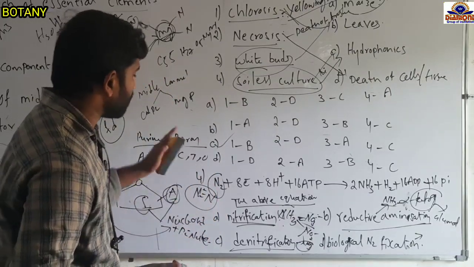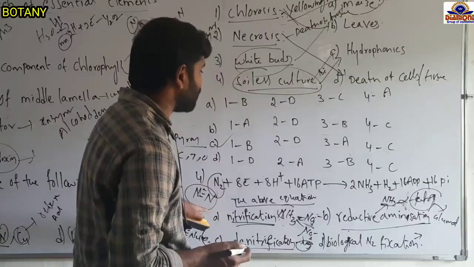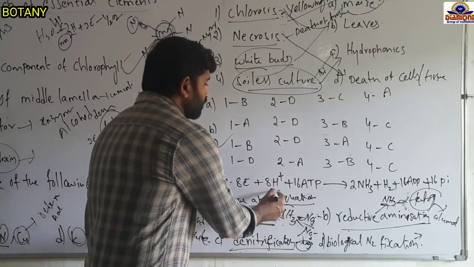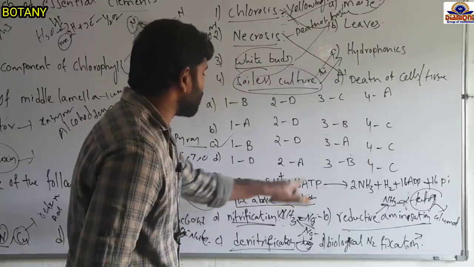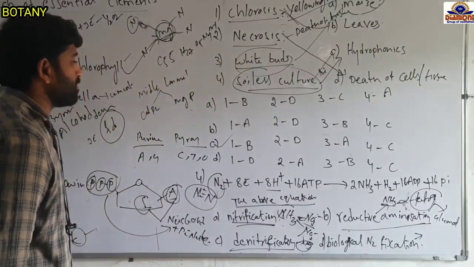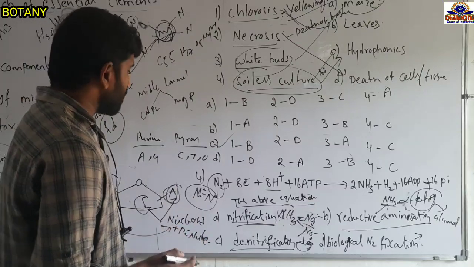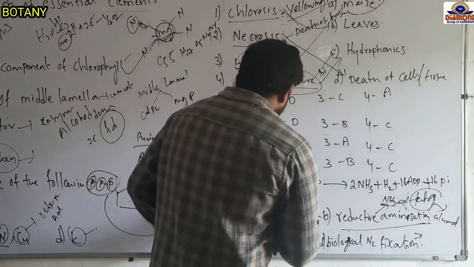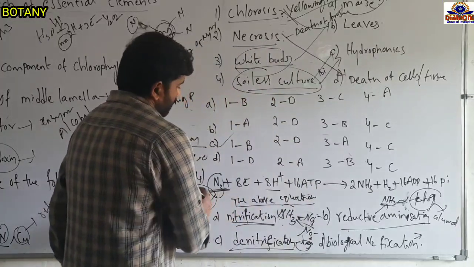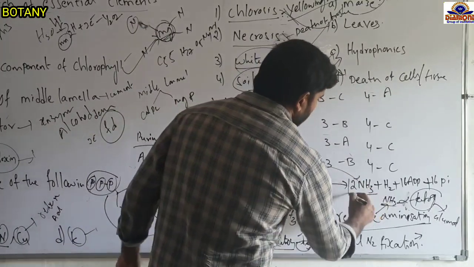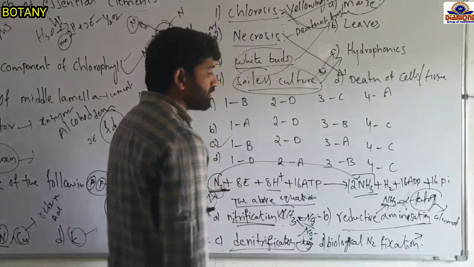For the breakdown of each covalent bond, two protons are required. So we supply 8 protons, and 8 ATP molecules are utilized for the formation of one ammonia. So now atmospheric nitrogen molecules are converted into two soil nitrogen molecules as ammonia.